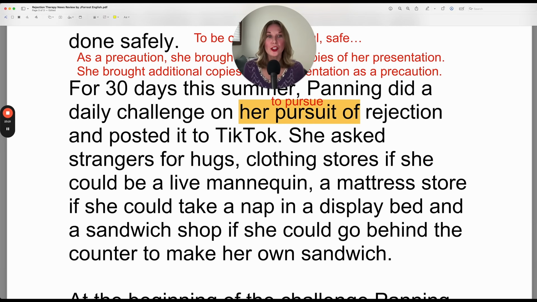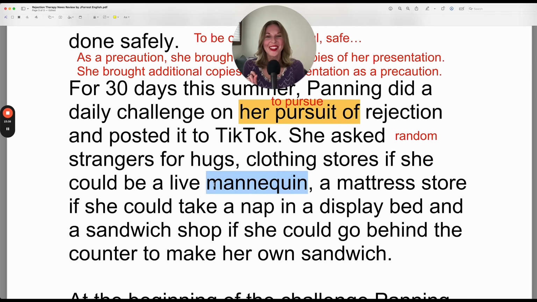She asked strangers, again, what's that word we can add? Not required, but we can add it to modify strangers. She asked random strangers for hugs, clothing stores if she could be a live mannequin.